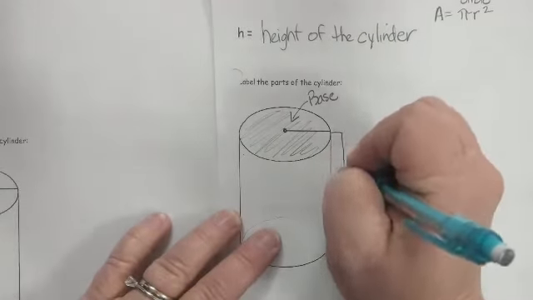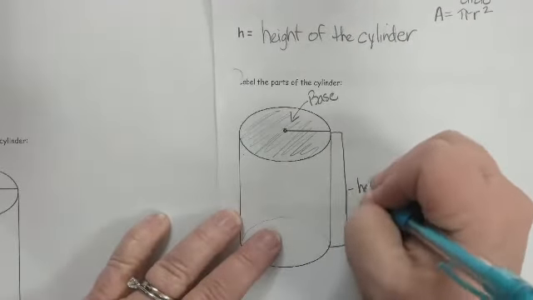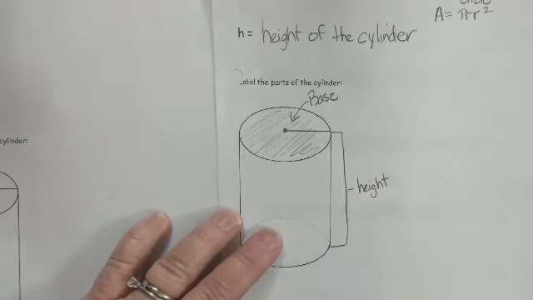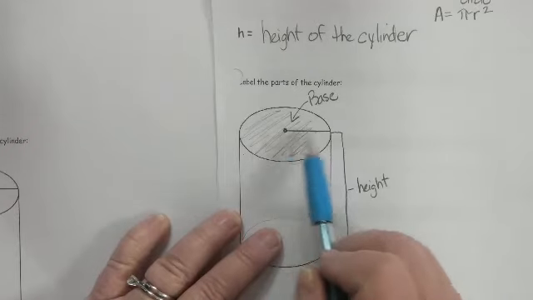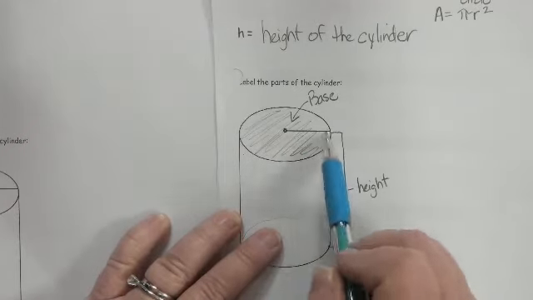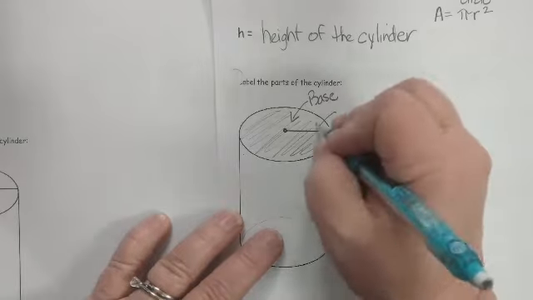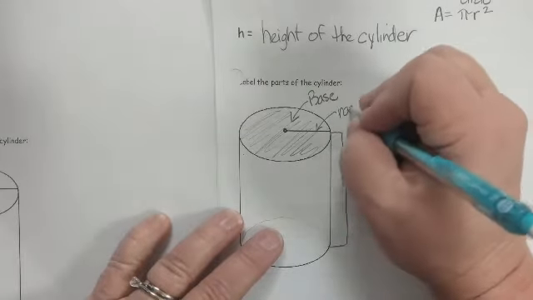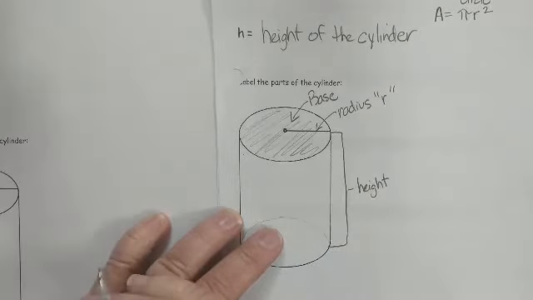Here, from here to here is the height of your cylinder. Okay? Do you remember what this is? Halfway across the circle. I hope you remembered it was the radius, which is our R in the formula.